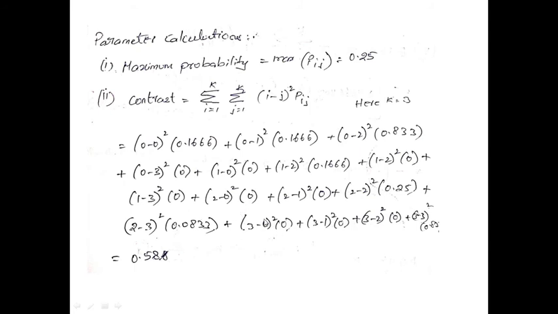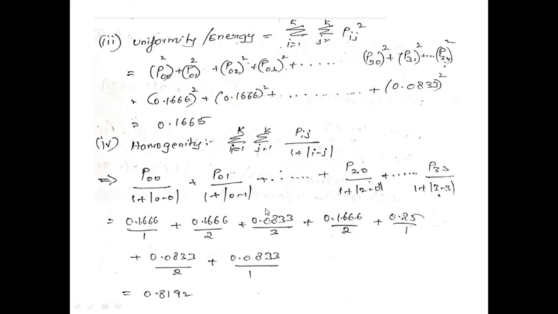If there is a large amount of variation in the image, the GLCM will be concentrated away from the main diagonal, and the contrast will be very high. So this is about the contrast calculation.